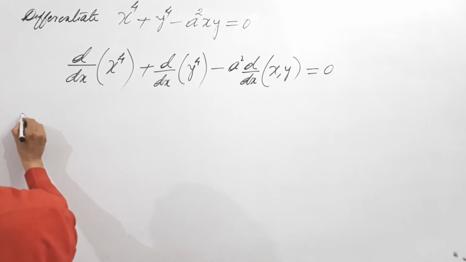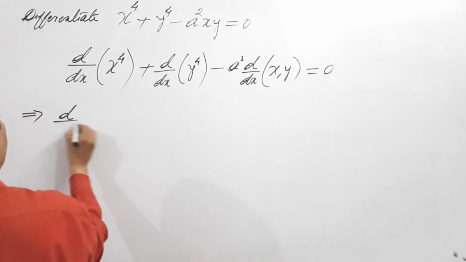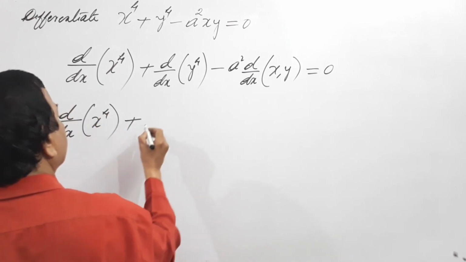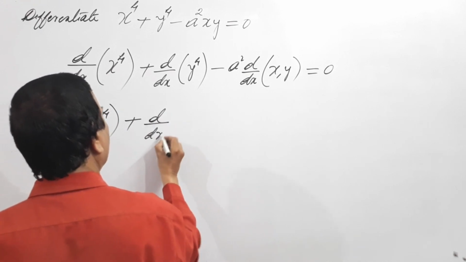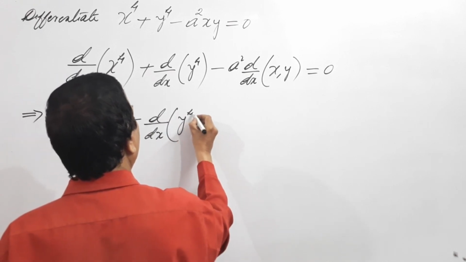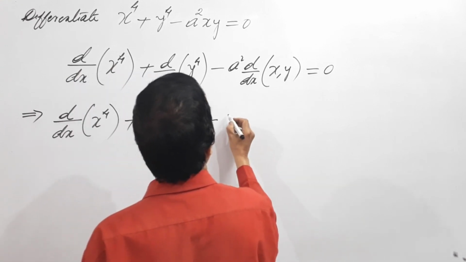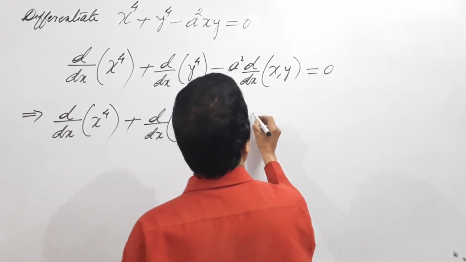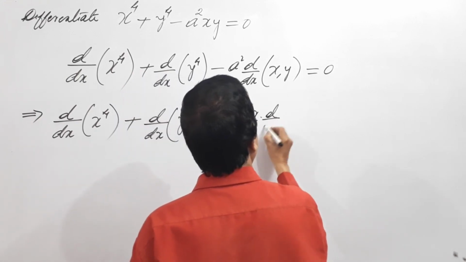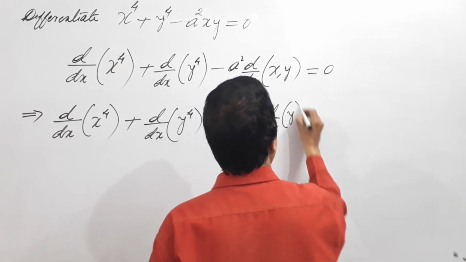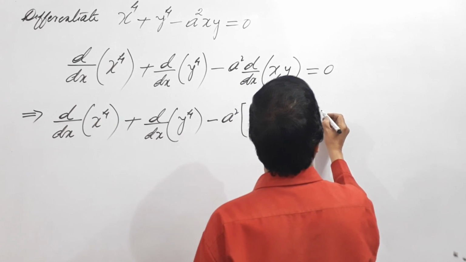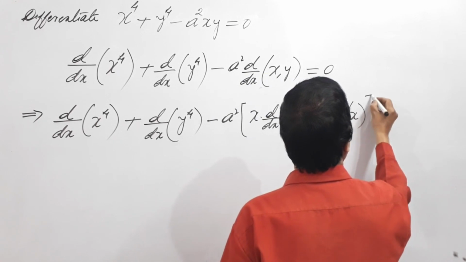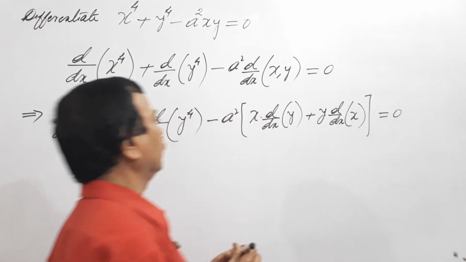This is d by dx of x to the power of 4 plus d by dx of y to the power of 4 minus a square, I'll use a square bracket, x into d by dx of y plus y into d by dx of x equals 0.